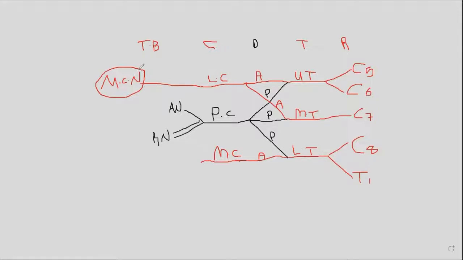So the musculocutaneous nerve pierces the coracobrachialis muscle, then enters the flexor compartment of the arm to innervate the other two muscles. So it innervates three muscles.